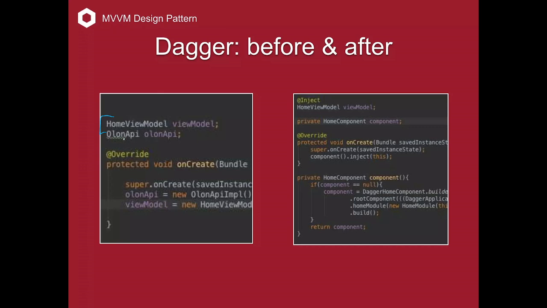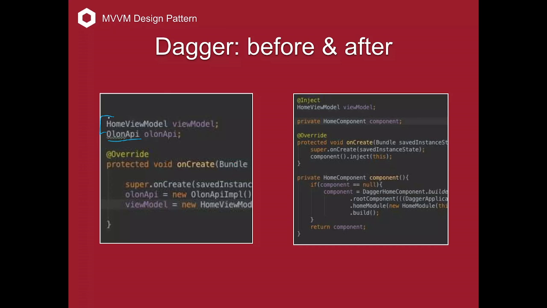Let's suppose I have some API that I'm using for fetching the data from the remote. That thing I have to do, and that API may depend on other modules also.